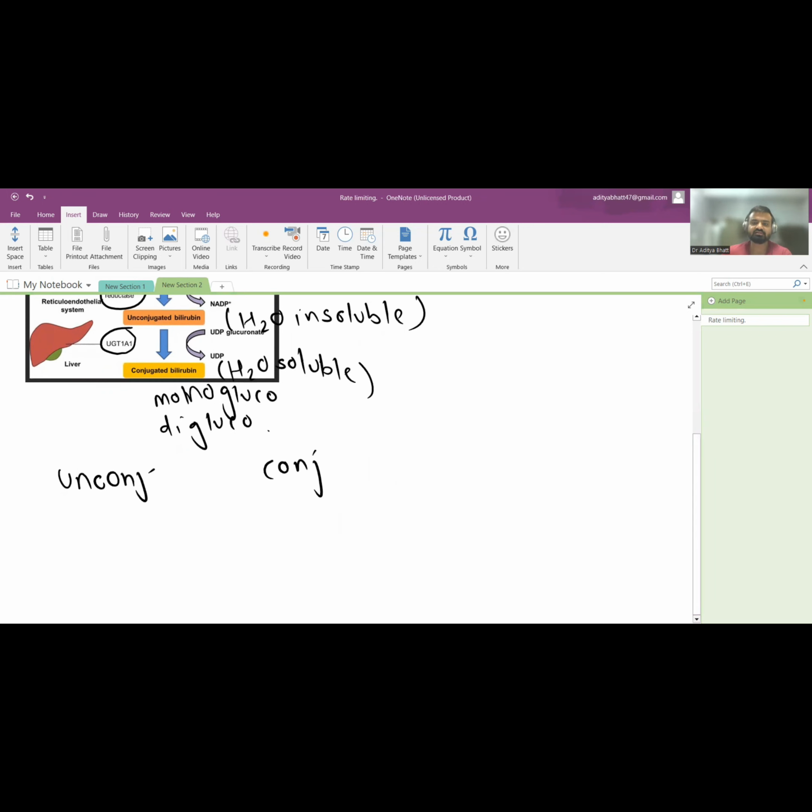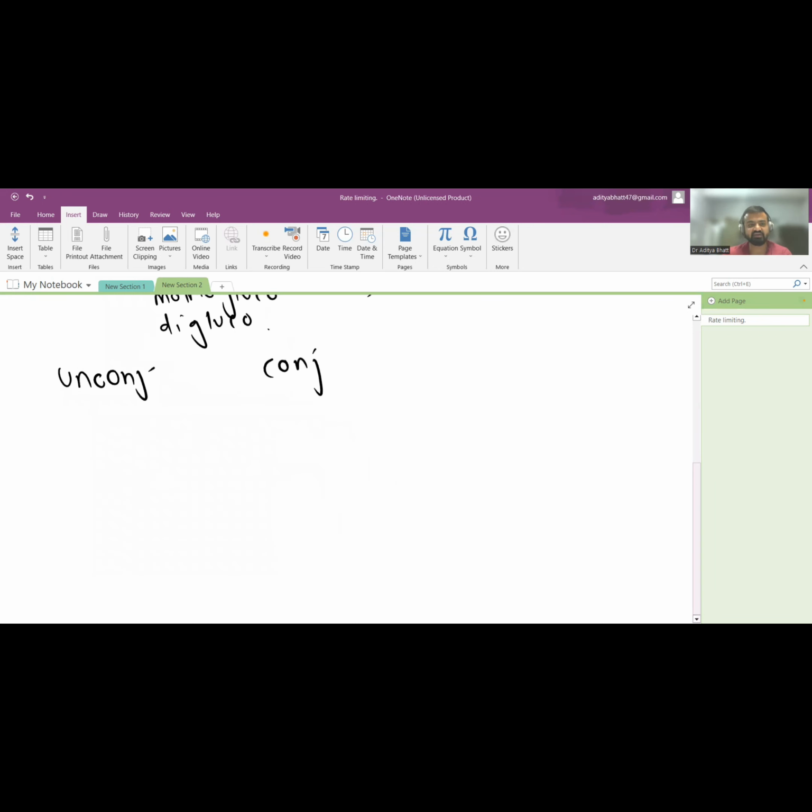Now, when you go for a liver function test, you measure direct bilirubin, and you have two terminologies, direct and indirect. Direct bilirubin is not equal to conjugated bilirubin. Direct bilirubin is conjugated bilirubin plus delta bilirubin.